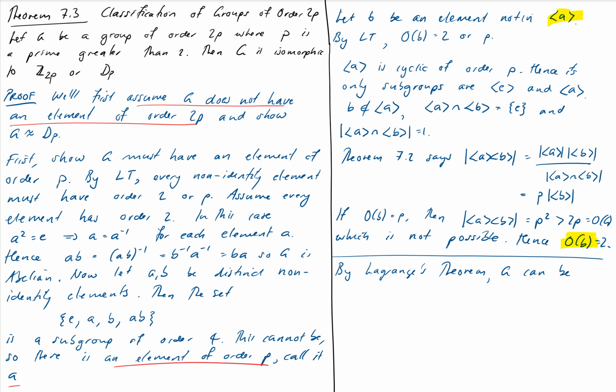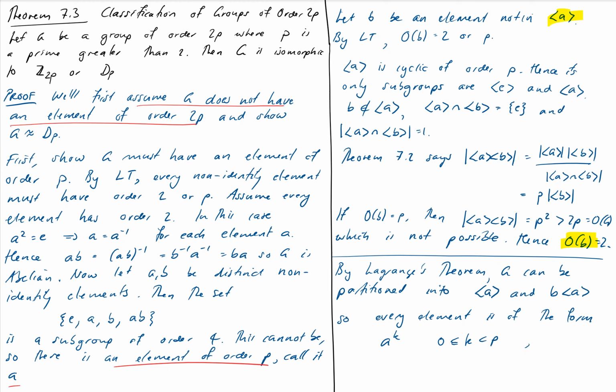G can be partitioned into, so we're going to take the cosets of the cyclic subgroup generated by A, which is of order P, so into A and B times the cyclic subgroup generated by A. So every element is of the form A to the K for K between 0 and P, or B A to the K, again for K between 0 and P. Alright, so every element in our group can be written as one of these 2 forms.